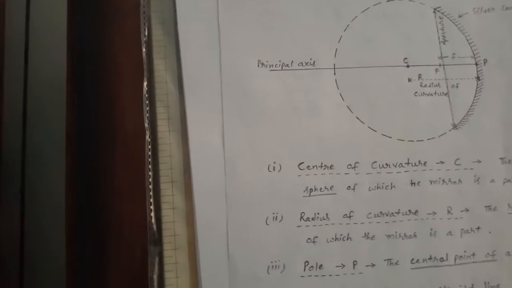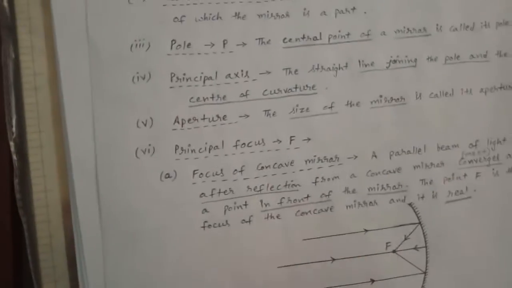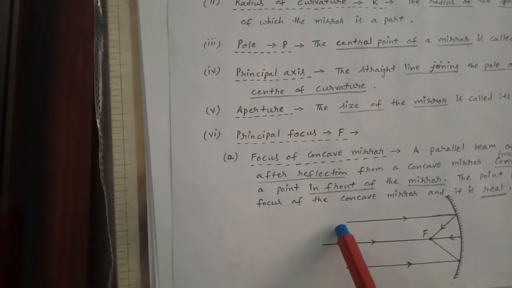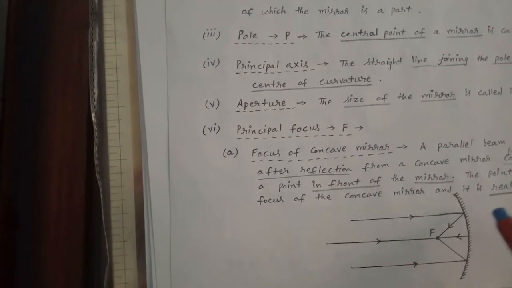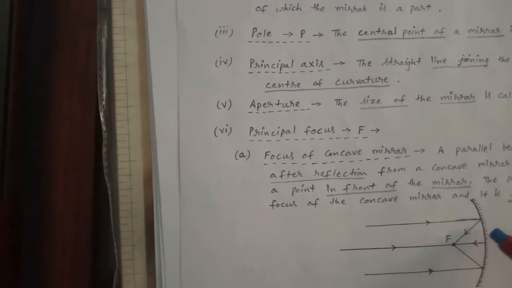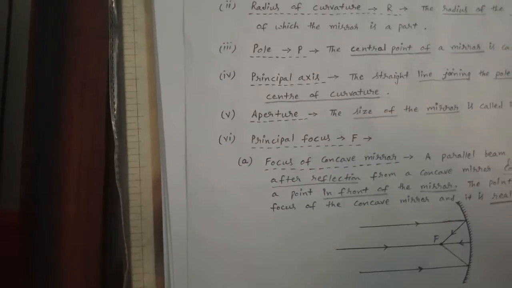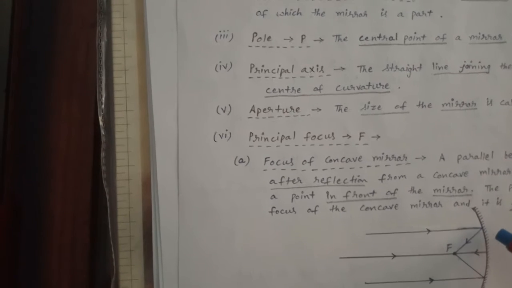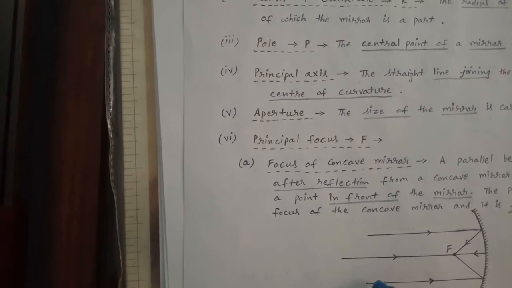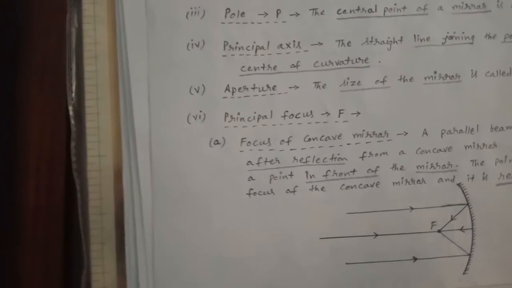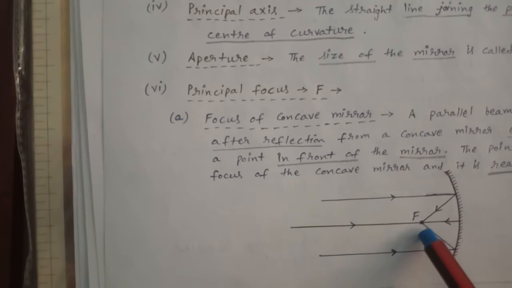Next point is the principal focus. For a concave mirror, when rays after striking from an object come towards the concave mirror, as per the shape of the concave mirror, the rays of light get converged to a point. No matter how many rays come, all of these rays are gonna converge at a point.